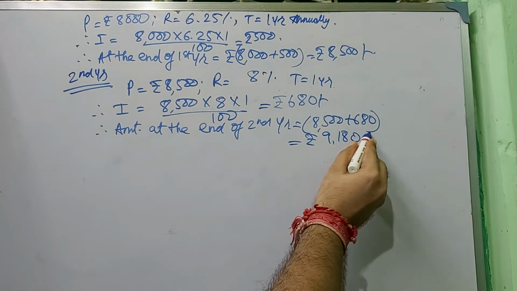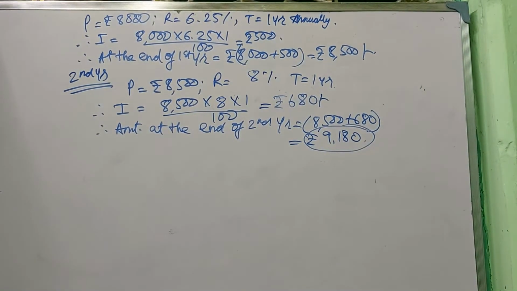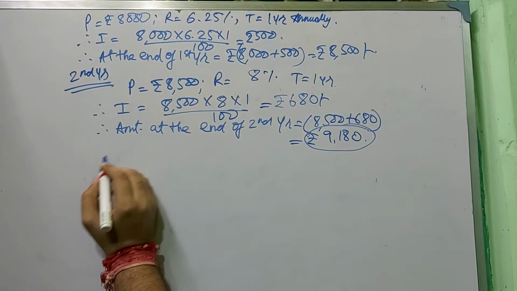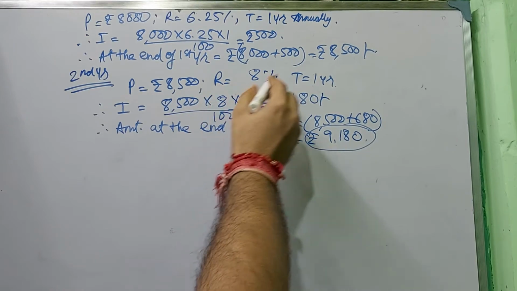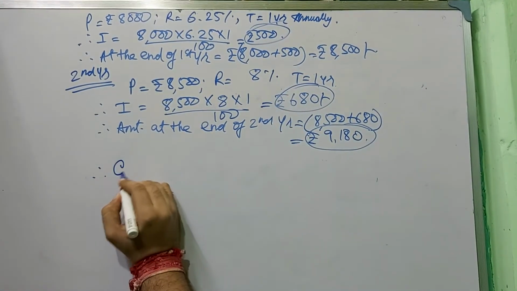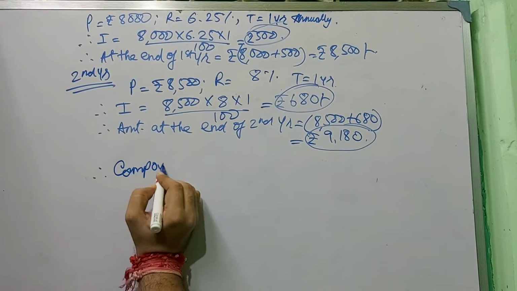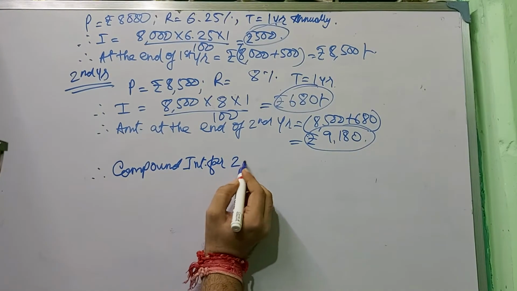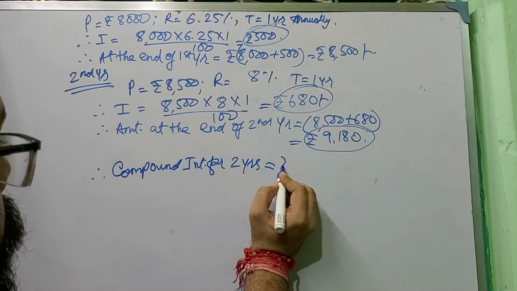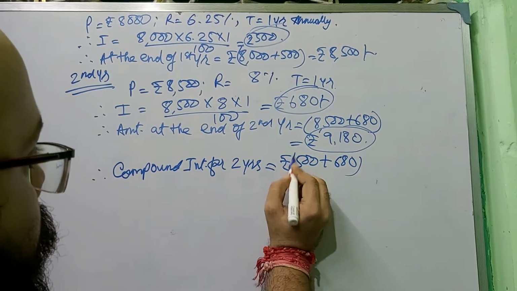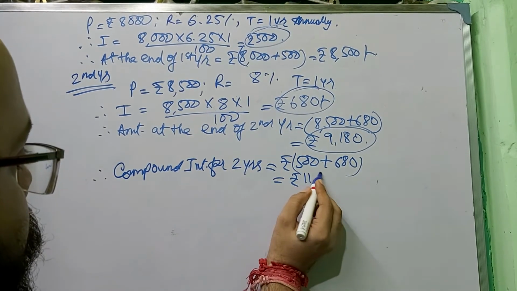Okay, and the third question talks about the amount at the end of 2 years. The amount at the end of 2 years will be this. And the second question, the compound interest for 2 years, means this amount and this amount. So compound interest for 2 years, 500 plus 680 is equal to 1180.